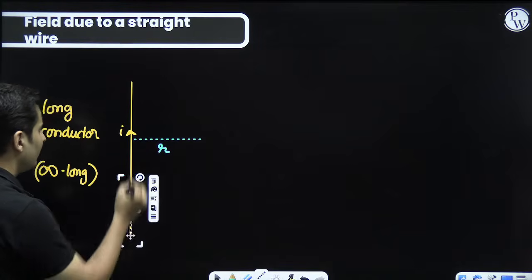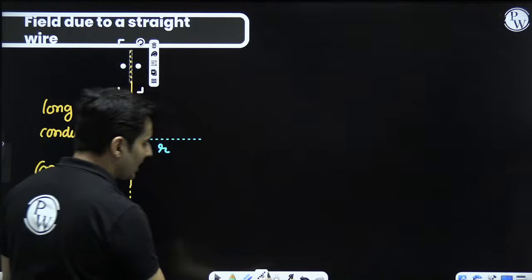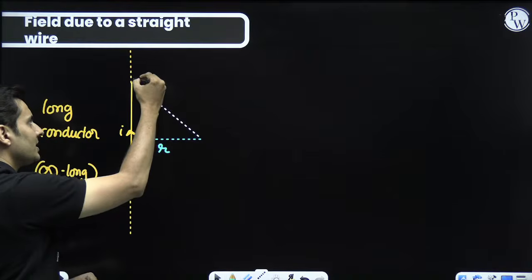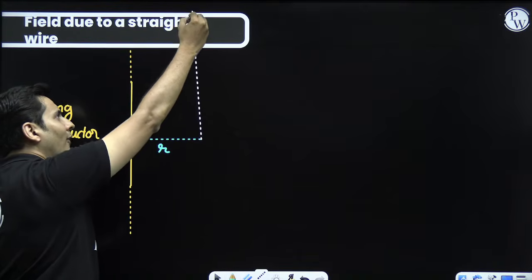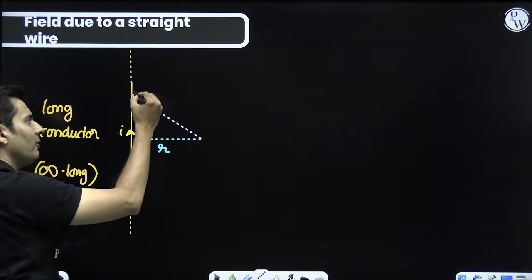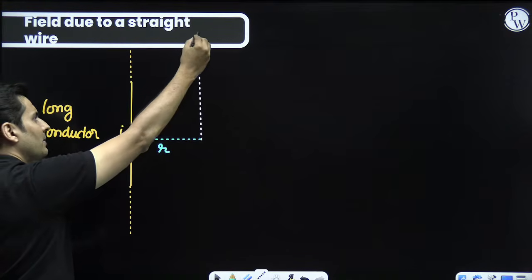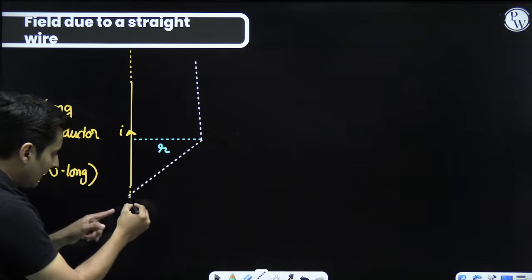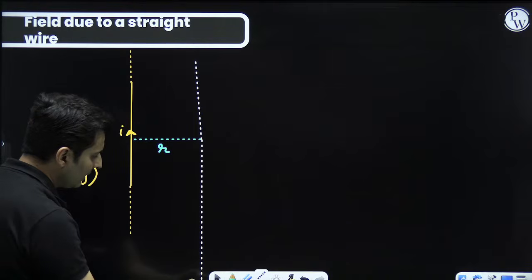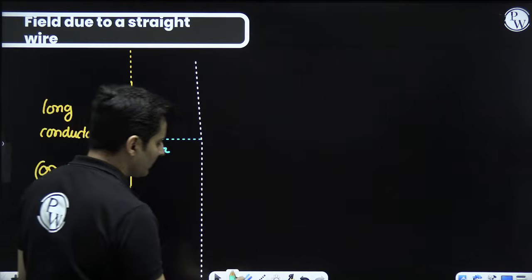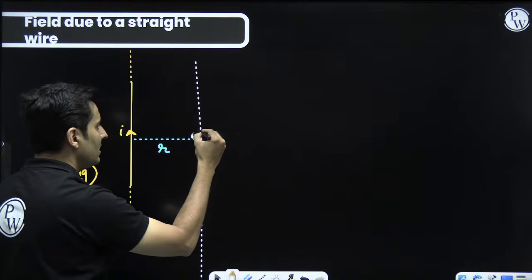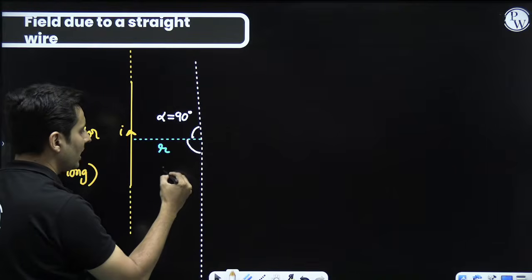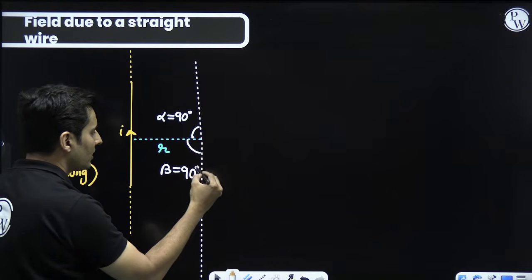Because it is going till infinity, when I try to find the angle subtended at this point, this infinity will come so far that this line will make such a big angle that it will be almost 90 degrees. Same logic, the other end will be so far away that when you try to look at the end, it will almost be like this. So my dear warriors, can you see my alpha is basically 90 degrees. The same story is with beta, that is also 90 degrees.